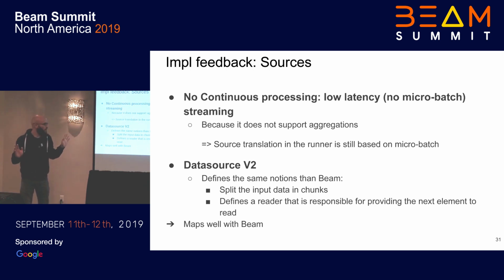And an easy way: once again, we share the common definition of what a source is. We can define in Data Source V2, and Beam also, how to split input data. And we also define a common reader that is responsible for sending the next element. So it's a one-to-one mapping between Beam and Spark.